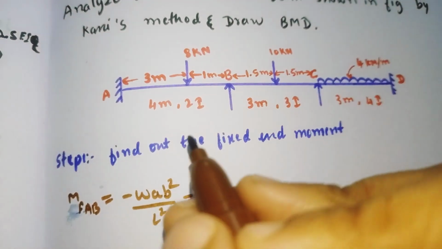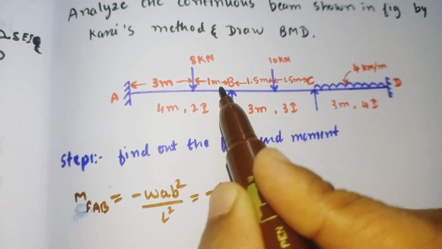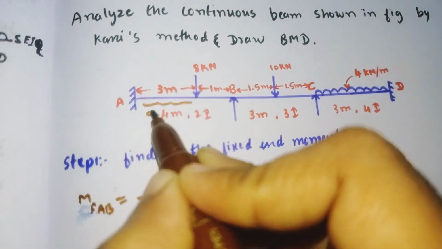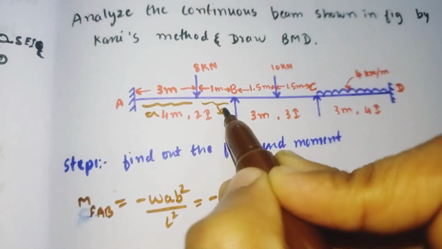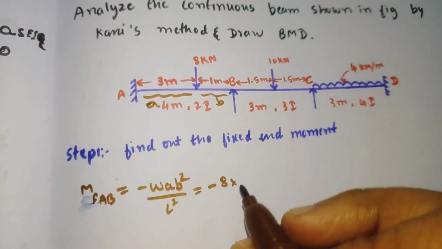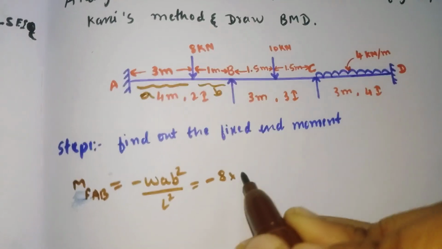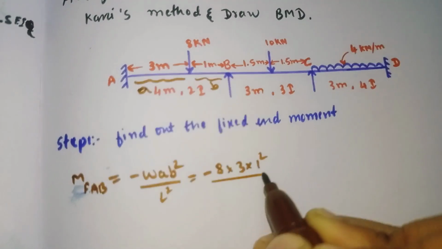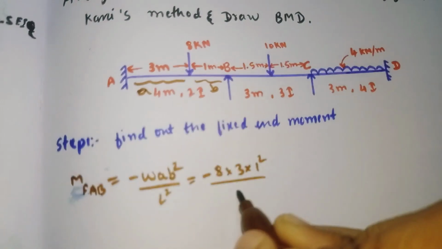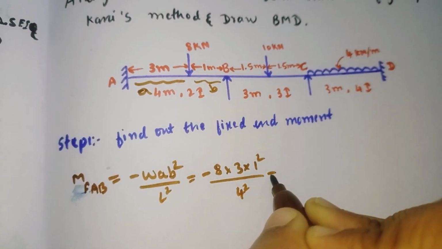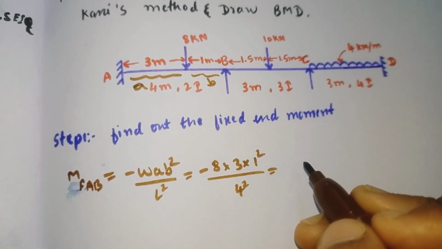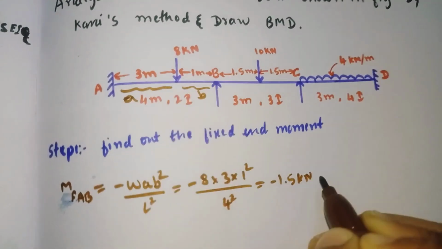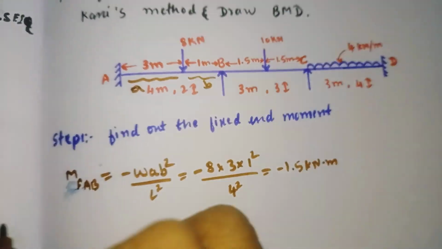From here to here is A, and this is B. So A is 3 meter and B is 1 meter. Minus 8 into 3 into 1 square divided by 4 square, since the length is 4 meter. By simplifying, it will come out as minus 1.5 kilonewton meter.